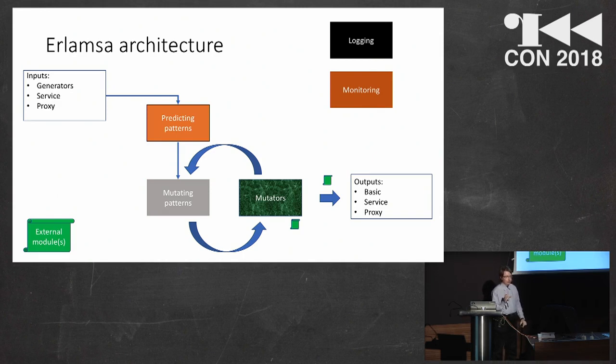For example, one of the predicting patterns is skipper, which actually just detects whether there is some header of the packet which is constant, and tries to prevent mutating it. So we will mutate only the body. Another is sizer. It detects the size inside the packet. If it finds some field that could be the sizer of the body, then it mutates the body and fixes the sizer.